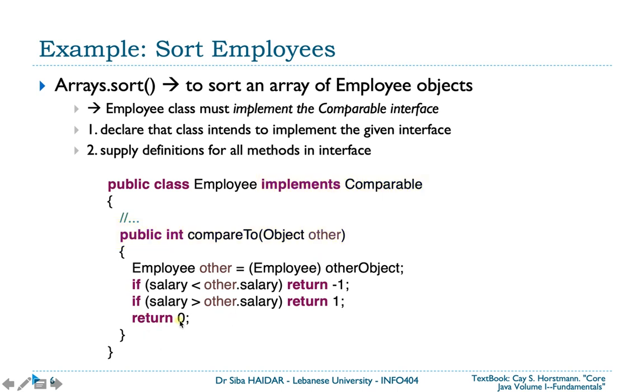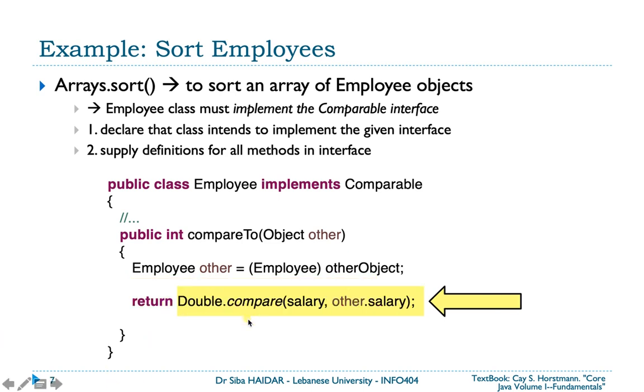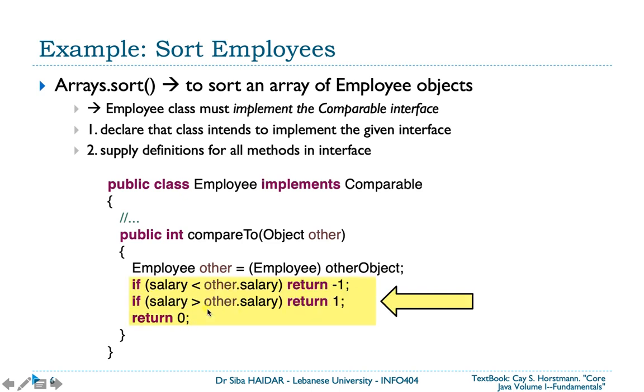There is another easier version to write these three lines, which is to use the Double.compare static method, which takes two values and returns exactly the things we want. So you are advised to use this static method instead of writing these three lines every time you have this condition.